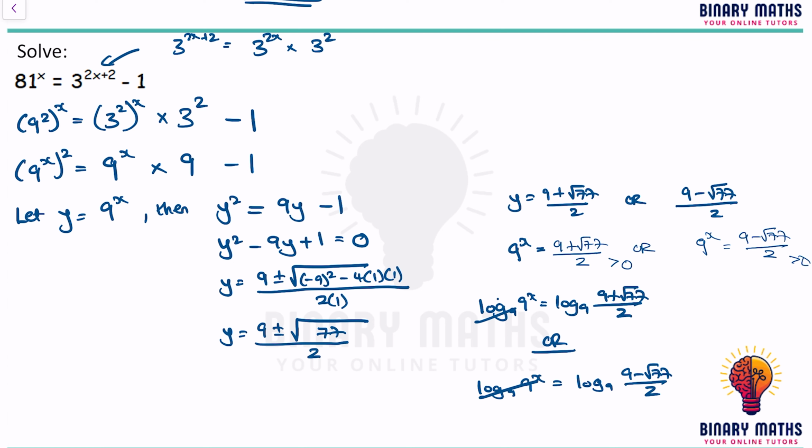These two cancel out, so all we're left with is x is equal to log base 9 of 9 plus root 77 over 2, or log base 9 of 9 minus root 77 over 2. So those two are the solutions.